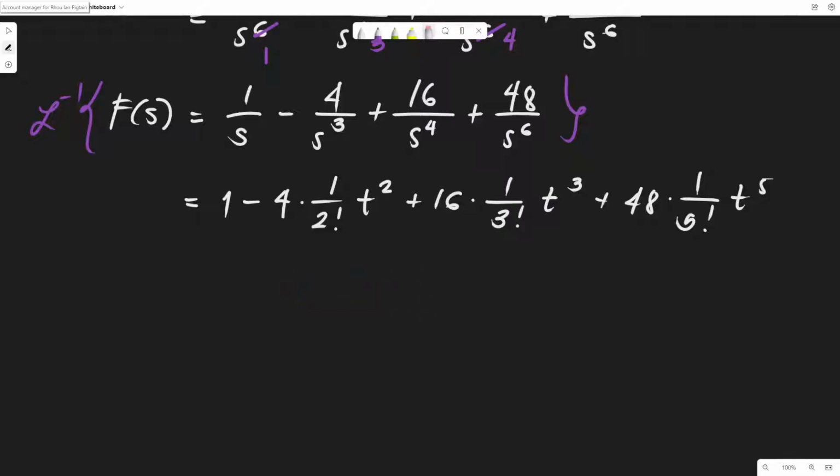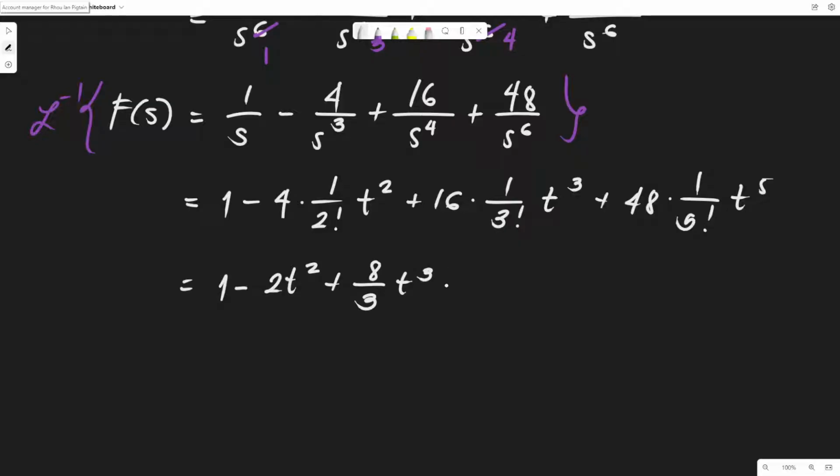Okay? So therefore, simplify lang natin, 1 minus 4 divided by 2 is 2, 2t squared. Then 16 over 3 factorial, so 16 over 6 pala, sorry. So 16 divided by 6, that is 8 over 3 t cube.